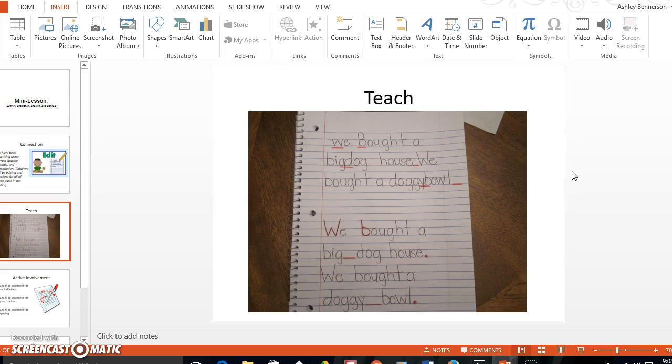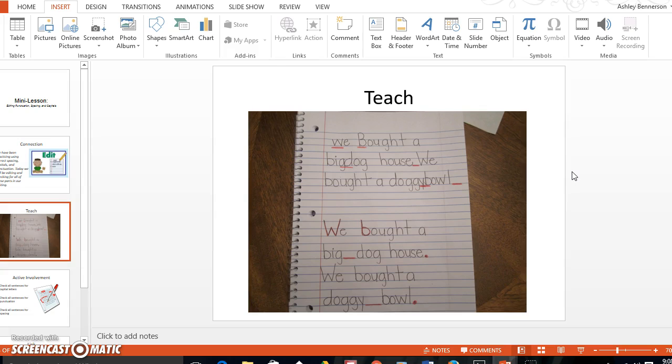If you look at the end of the word house, there should be a period to end that sentence. The second sentence, we bought a doggy bowl. There should be spacing between doggy and bowl because those are two separate words. And the sentence should also end with a period.